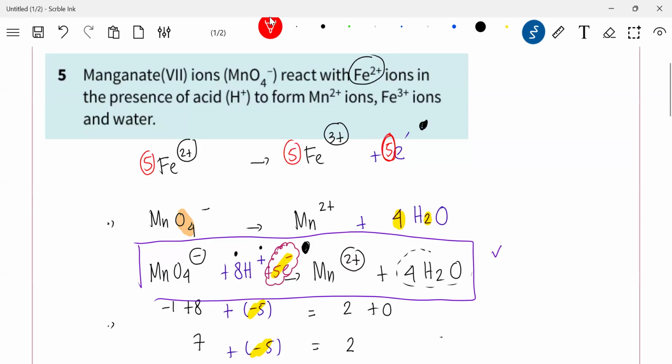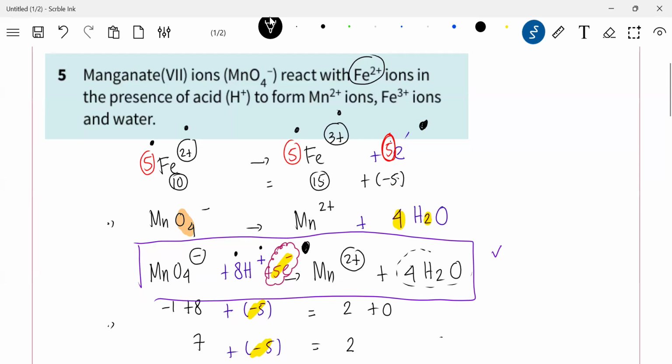So let's check it again for the charge. 5 times 2 is 10 on the left. And then on the right, 5 times 3 is 15, and 5 times -1 is -5. 15 minus 5 is also 10.